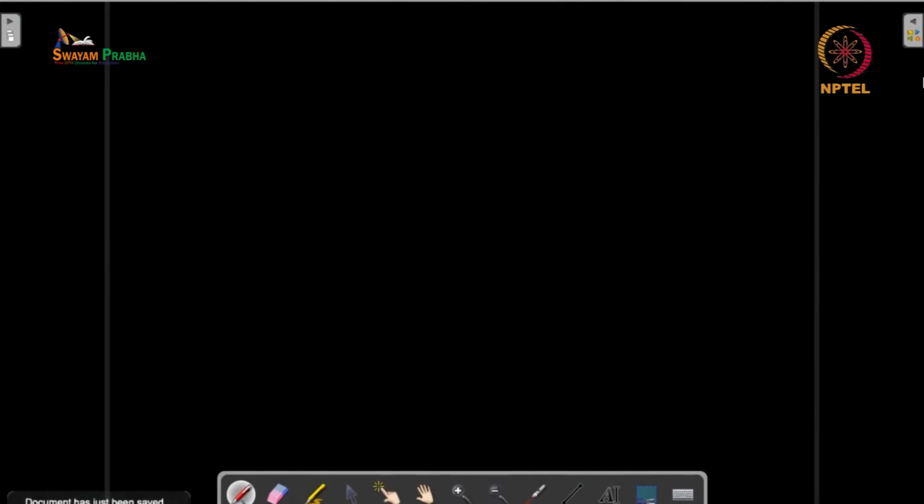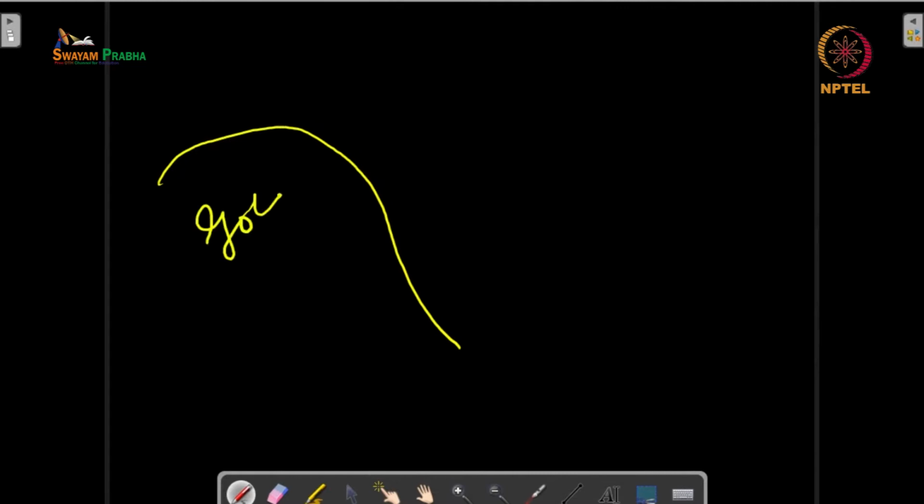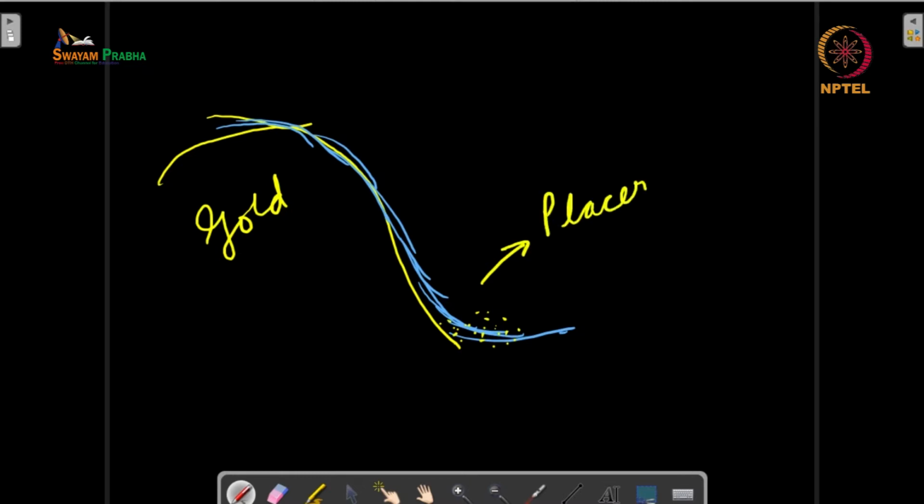So what happens is that if you have hills that are rich in gold and you have rivers flowing through these, there will be erosion and the sediments from this rock will be carried away and probably deposited here. So these are known as placer deposits.